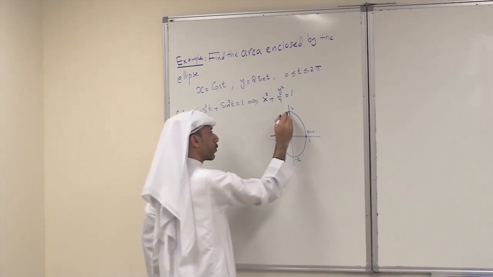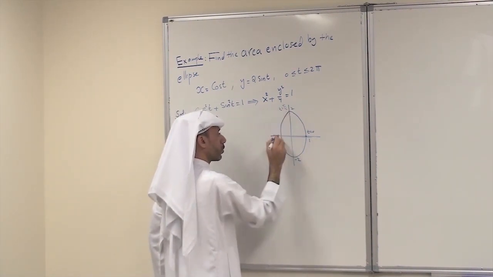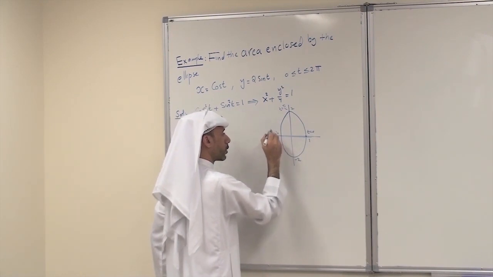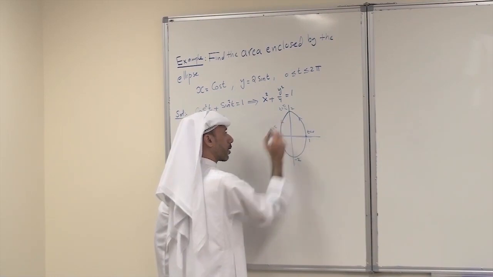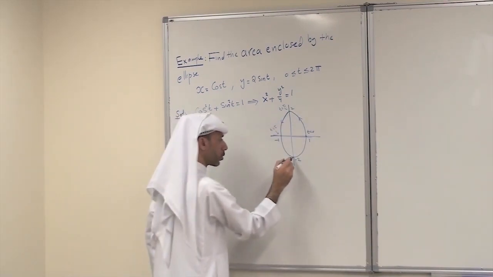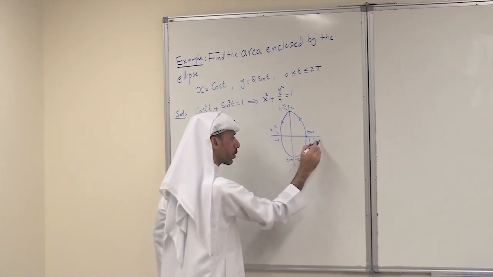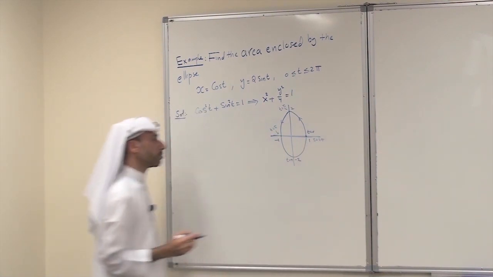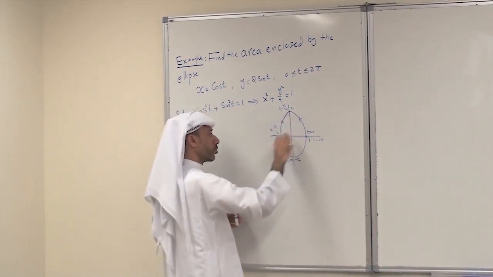When t equals pi over 2, I am here. When t equals pi, I am here. So really the direction is counterclockwise. And when you continue, this is t equals pi, and this is t equals 2 pi. This is the ellipse, and this is the region here.